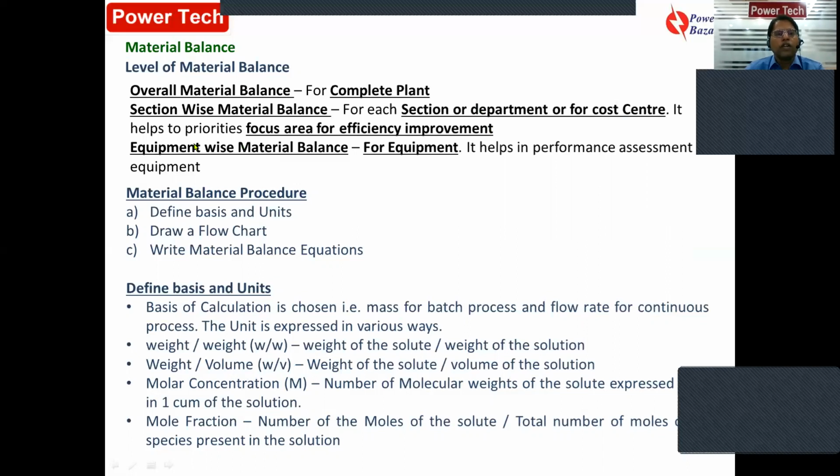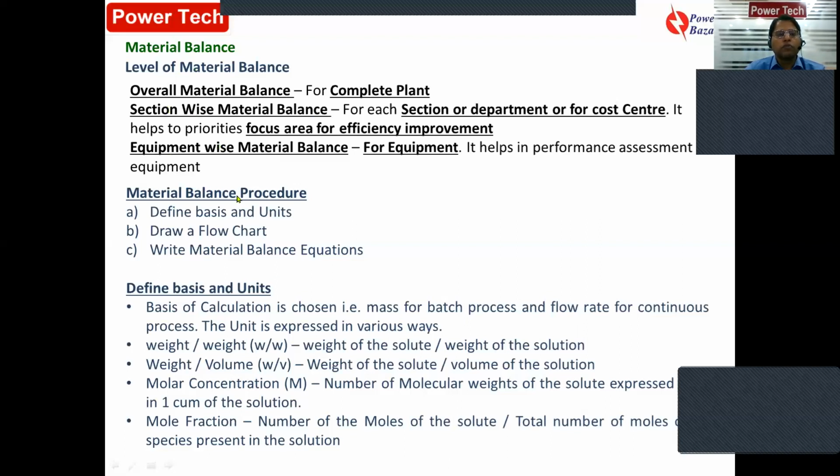You can carry out material balance section-wise, and it helps to prioritize the focus area for efficiency improvement. Then equipment-wise material balance, that means you are conducting material balance at equipment level. It helps in performance assessment of the equipment. So there are three levels of material balance: overall, section-wise, equipment-wise.